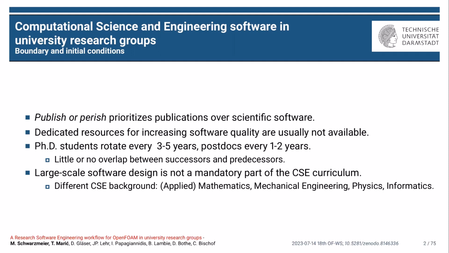The third boundary condition we have is that most of the coding persons are PhD students who will rotate every 3 to 5 years, postdocs maybe even more often. And that means that one person is working on the code, leaving, and another is supposed to pick up what that person has left.